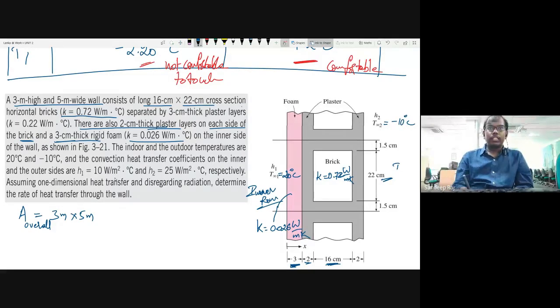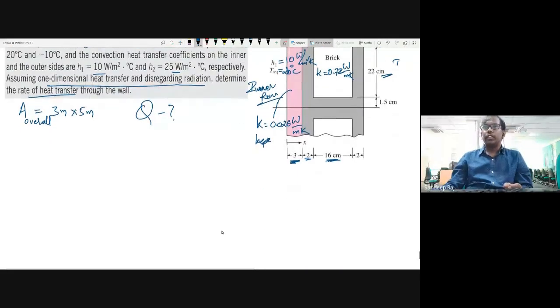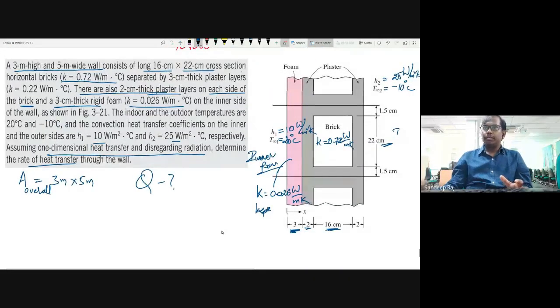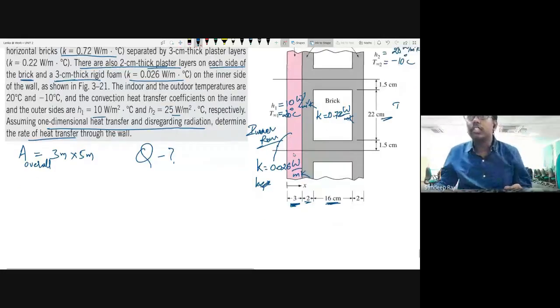The convection heat transfer coefficient H1 on this side is 10 watt per meter square Kelvin, and here it is 25 watt per meter square Kelvin. Assume one-dimensional heat transfer, disregarding radiation. Determine the rate of heat transfer through the wall. What is the Q value? He is asking you to find. So what you have to do here is draw the resistance circuit.